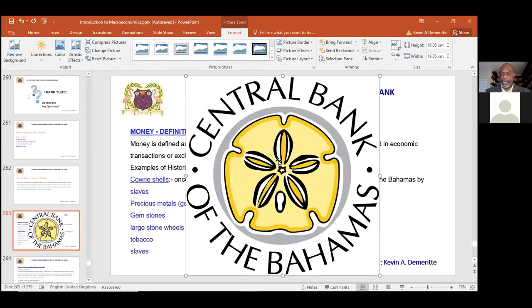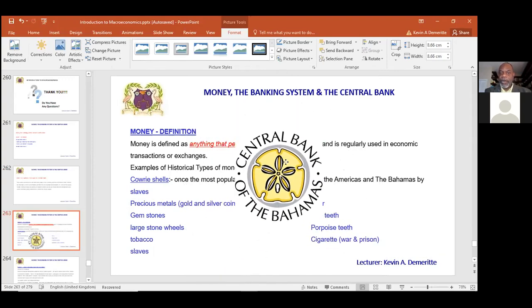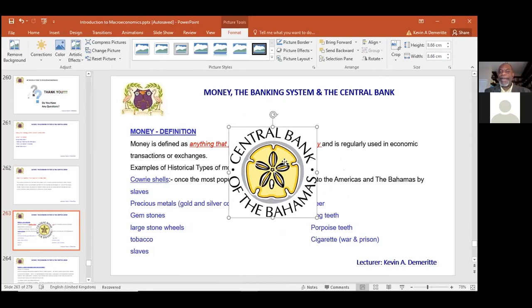Can't find it. Oh, there you go. Hopefully you can see this, but imagine this in black and white. It's the sand dollar in the middle.